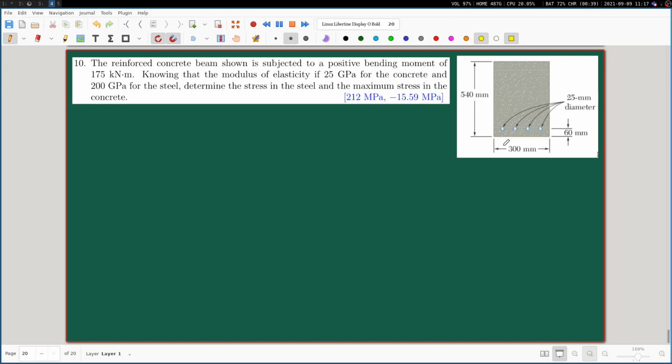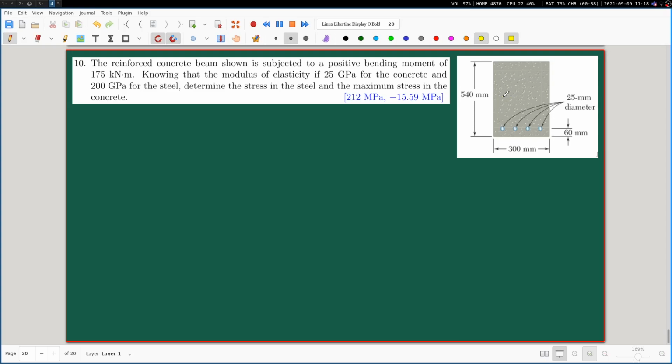But there is an extra trick required for this, which is to recognize that concrete is very good to sustain compression, but it is not very good at sustaining tension.